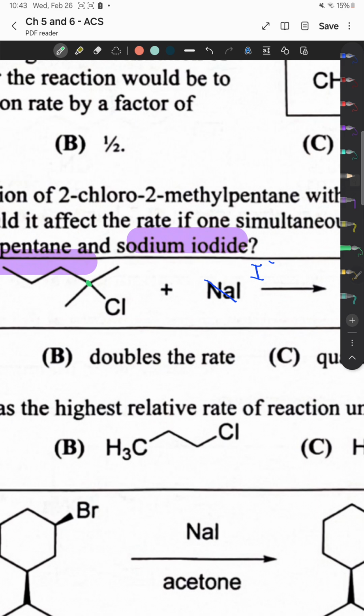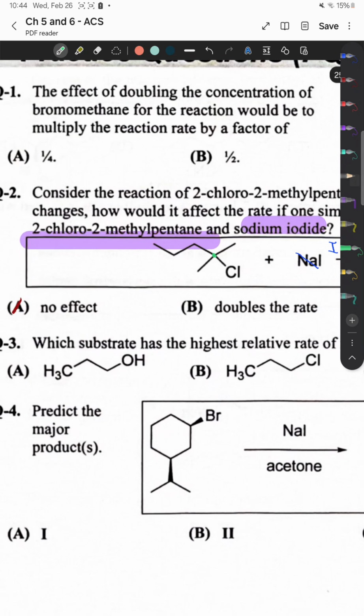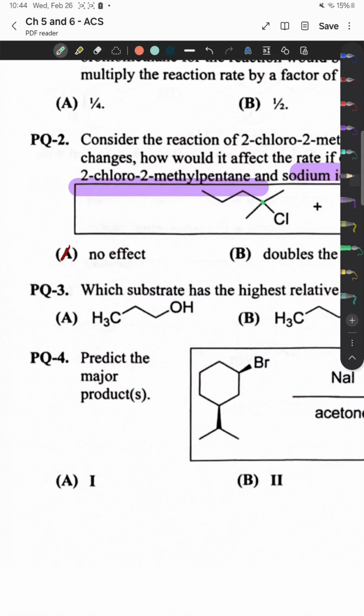This carbon is a tertiary carbon, meaning that it's too sterically hindered for an SN2 reaction to occur. SN2 reactions can only happen on a primary and a secondary carbon. They cannot happen on a tertiary carbon. SN1 reactions happen for tertiary. So now we know that this will be an SN1 reaction.